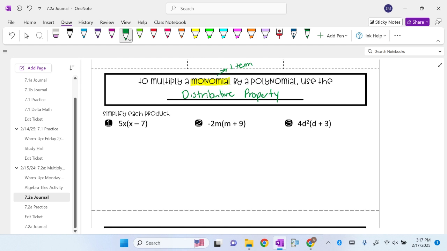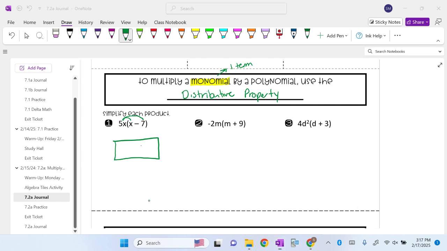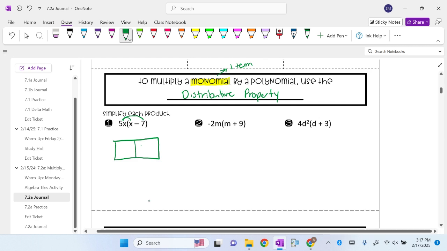Now, there's two ways that I like to do this. For example, one, you can do it ye old-fashioned way and just do your little draw over method. Or for some of my students, if you were in my class and we did the factoring algebra tiles activity, the box method may work for you. So the way the box is set up is you do whatever your two factors are.